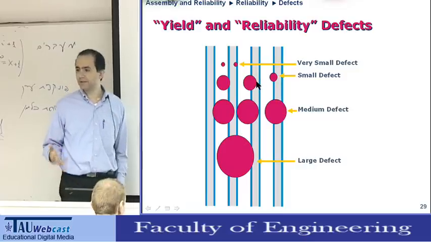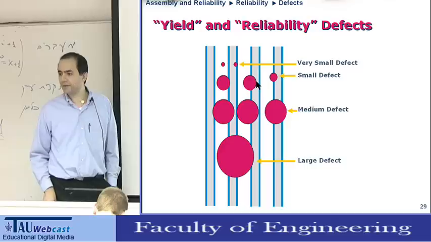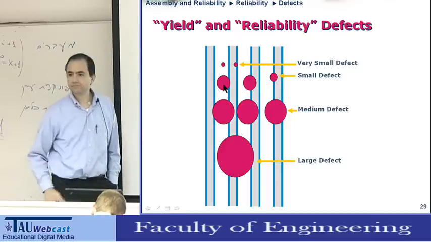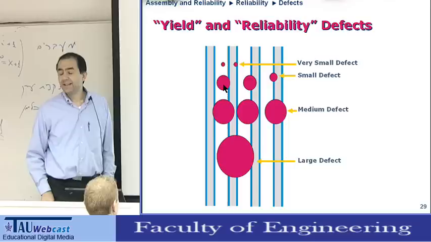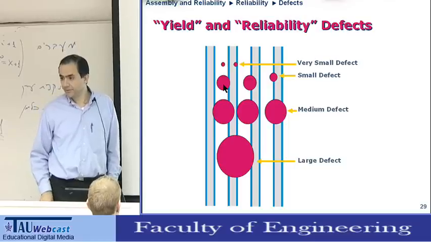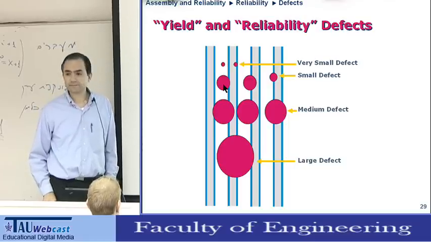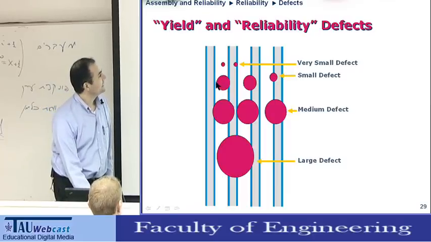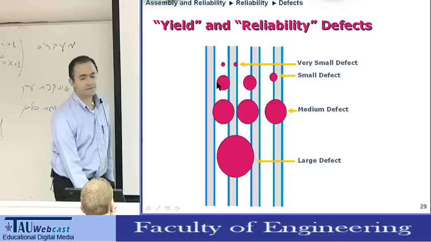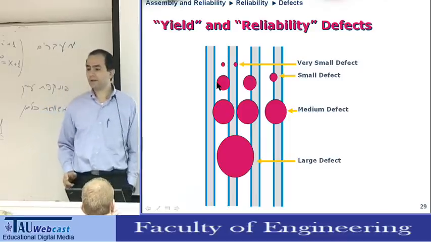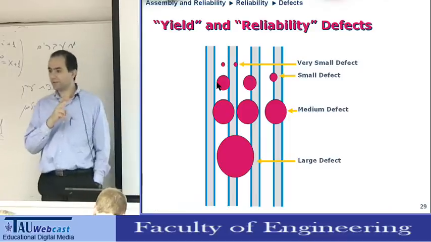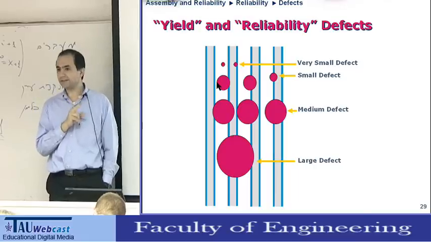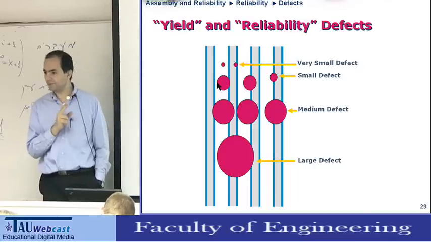So it will probably still not be a reliability problem. What about this one? If it's an insulator, it will not be a problem. If it's a conductor, then here the distance is very small, too small. Depending on the signal, on the voltages, it might short. Okay? And in that case, it might become a reliability problem.